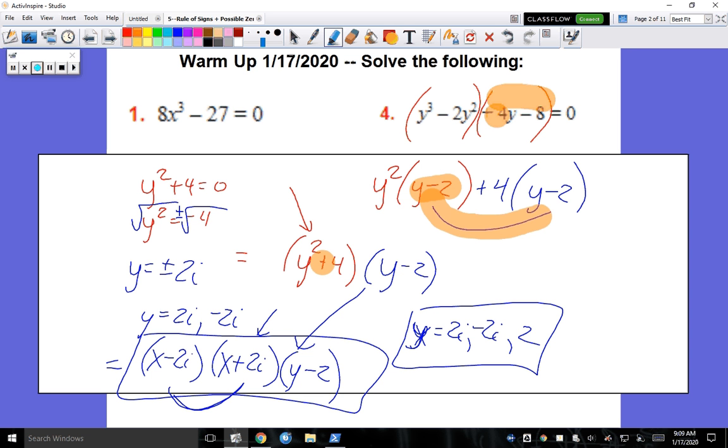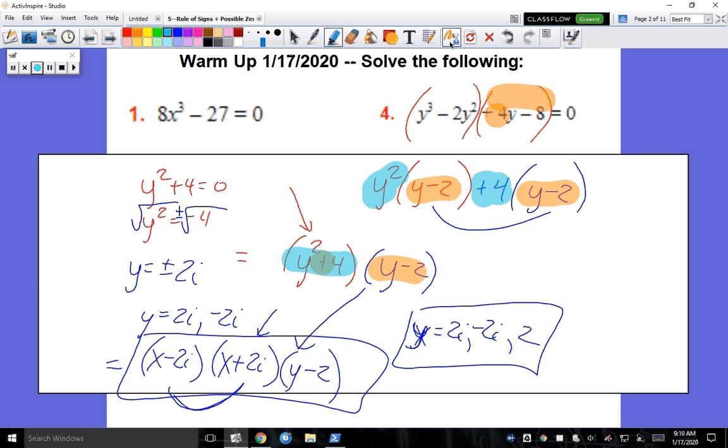So I might have to pull out a negative, I might have to pull out a positive. My goal is to make it match. And if it does, then what's inside is one of my factors, and what is outside is the other factor. That's factoring by grouping. Questions on this?